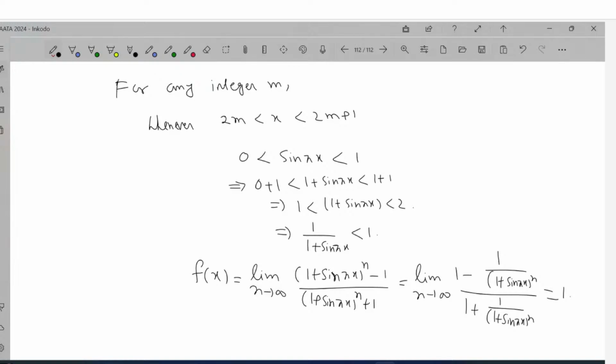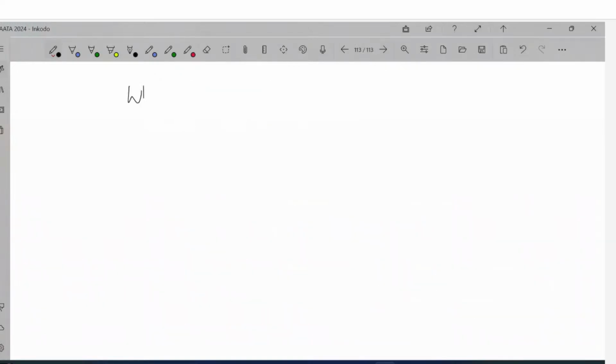So whenever 2m minus 1 less than x less than 2m, our sine value will be in between this. This implies 0 less than 1 plus sine pi x less than 1. Sine pi x is already a number between 0 and 1.